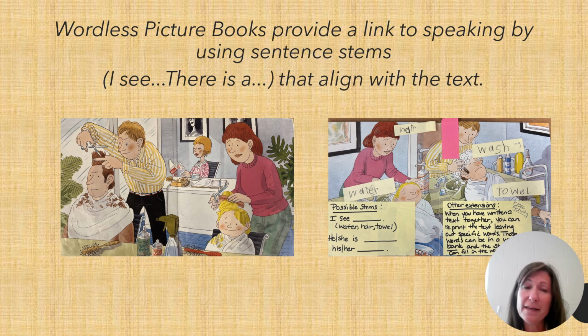The teacher could then remove some words from the created text to create a sentence frame activity. Students could then read and fill in the missing words using the bank of vocabulary words they had already created with the teacher. And this is a book that was found in a book room. It was a leveled text, so there probably are copies of The Haircut somewhere in your school.